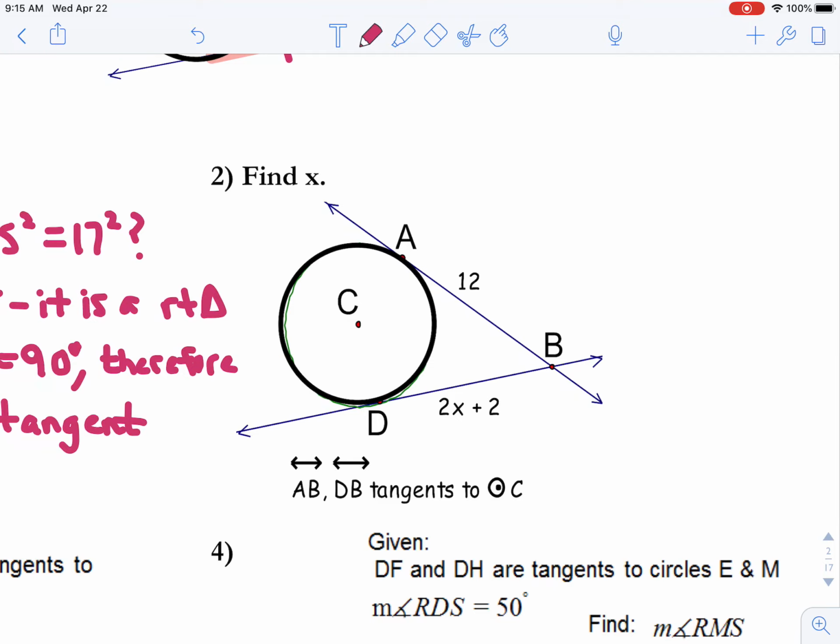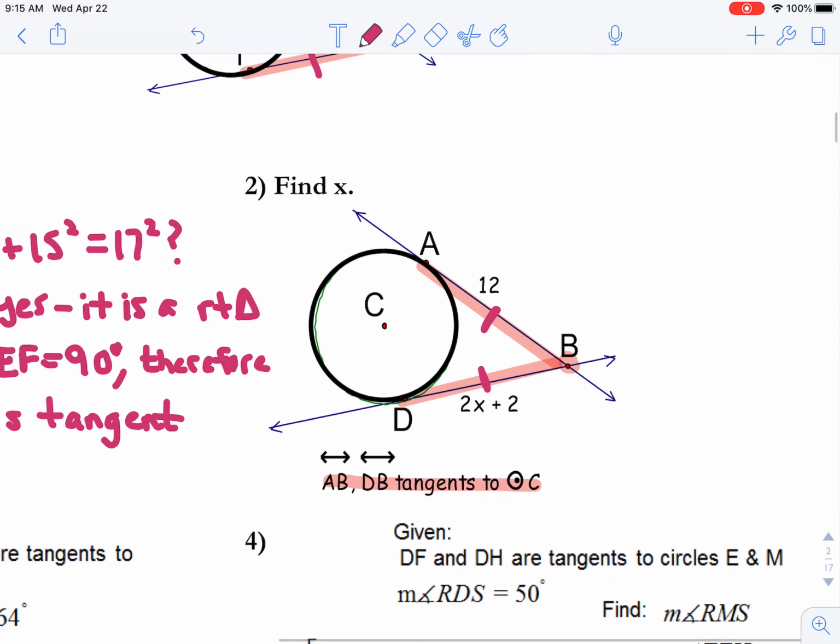Moving on to number 2. Okay, number 2, we look at this problem. We got to notice they gave us a little info down here. AB and DB are tangents to circle C. So AB and BD are tangents. Well, if they're both tangent, going to the same exterior point, if we go back up to one of our theorems, that means that AB and BD are congruent.